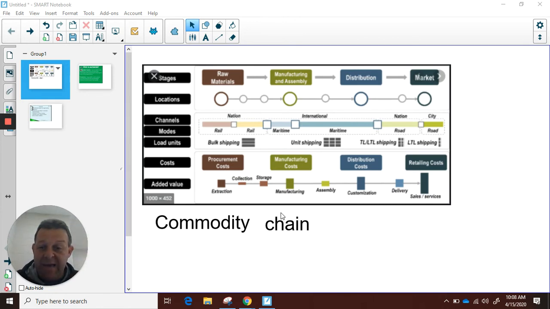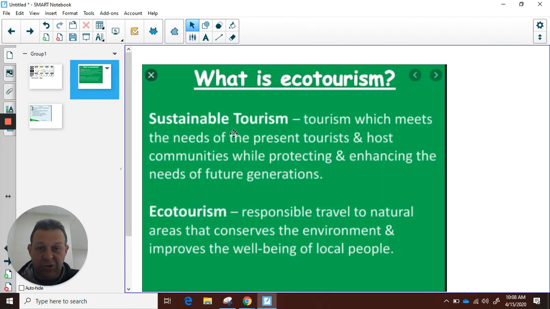With that being said, let's look at another review issue, ecotourism. Had some questions about this. We have not talked about it because we normally talk about it late in the year. Ecotourism, a certain type of tourism that's sustainable. Remember, sustainable means that it doesn't harm the environment and it can be used in the future. Tourism which meets the needs of the present tourist.